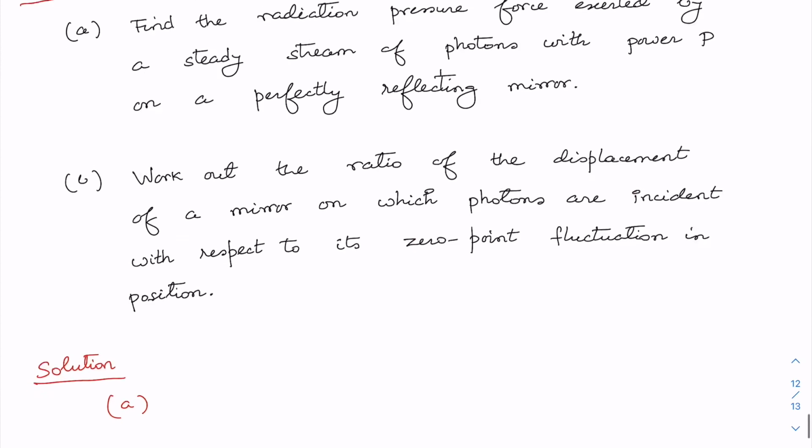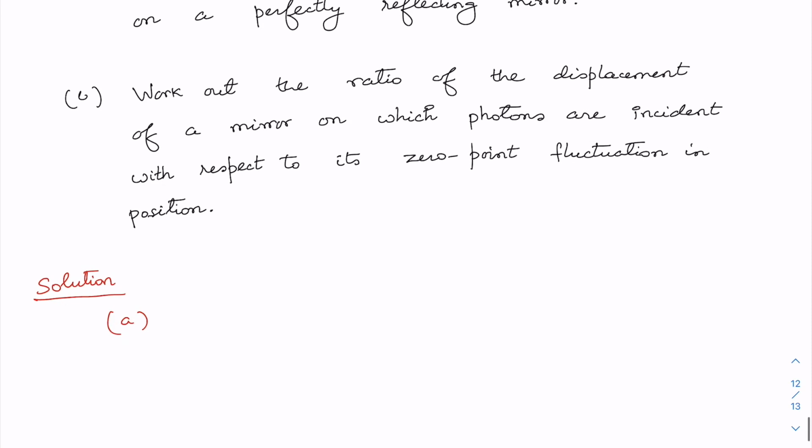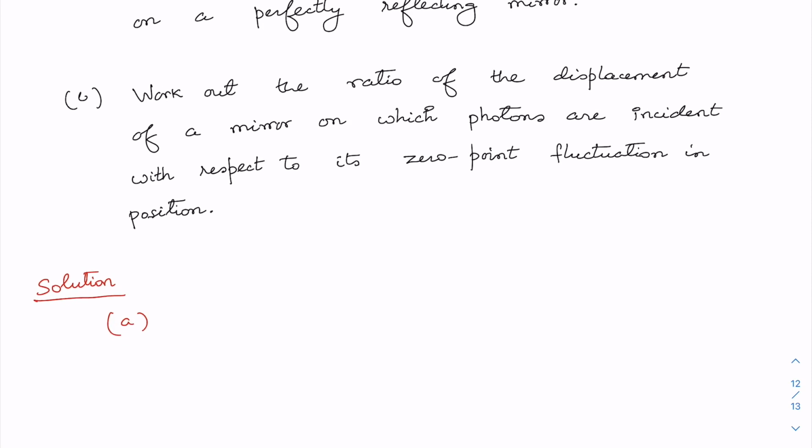As discussed in lecture 22, we know that the momentum imparted by a photon of wavelength lambda on a perfectly reflecting mirror is the change in momentum delta p of the photon, which is given by h by lambda minus minus h by lambda. So this is equal to 2h by lambda.